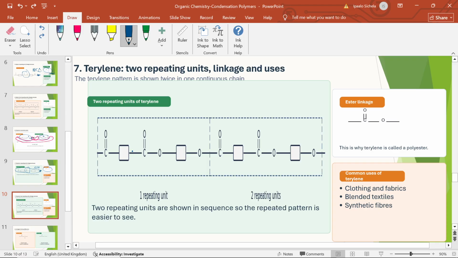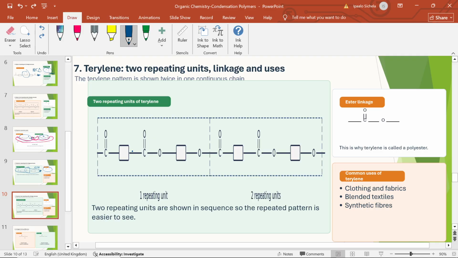I'll just write the exact same thing and combine the 2. If I was told to write 3 repeating units, I'll put another one. Again, for nylon, you just write the 2 monomers of nylon, remove the water, then whatever remains is 1 repeating unit of nylon. If I want to write 2, I'll just write the exact same thing and combine the 2. So that's how you write.